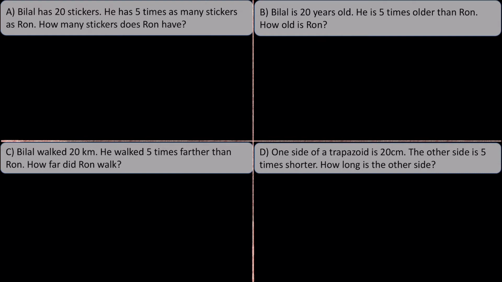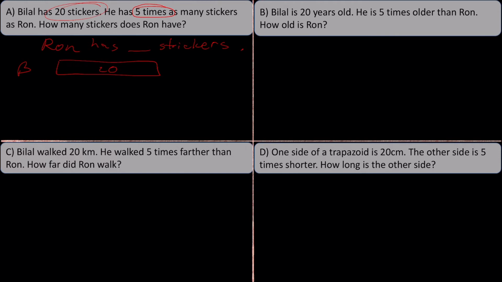Okay, so for all of these, we're figuring out something for Ron here, for most of them. So how many stickers does Ron have here? Right? And Bilal has 20 stickers. So our friend Bilal here, he has 20 stickers. Okay. Ron has 5 times as many, or Bilal has 5 times as many stickers as Ron.